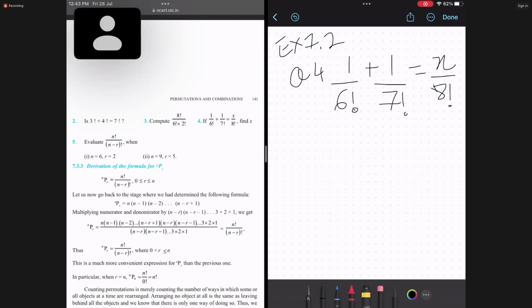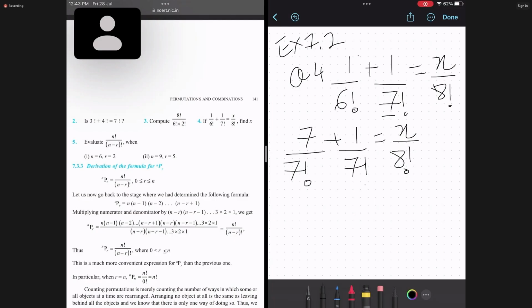So first, let's simplify the LHS. Because 7 is the term that is differing here, I can write the first term as 7 upon 7 factorial plus 1 upon 7 factorial equal to x upon 8 factorial. Correct. I've done nothing but multiply the numerator and denominator of this term by 7, right?